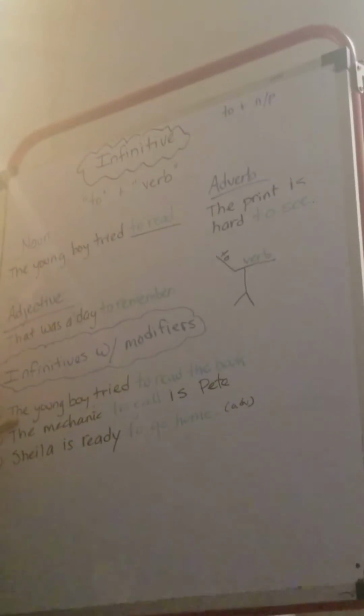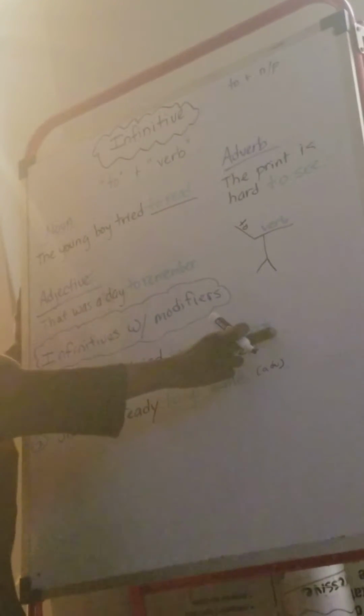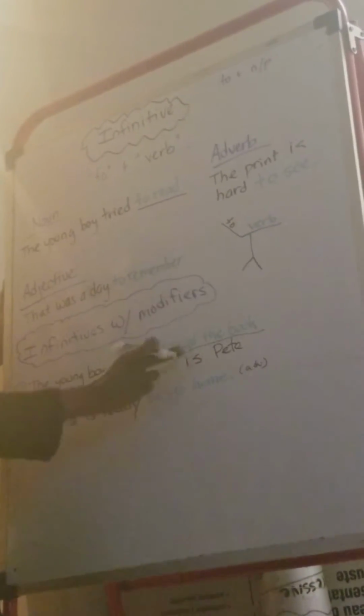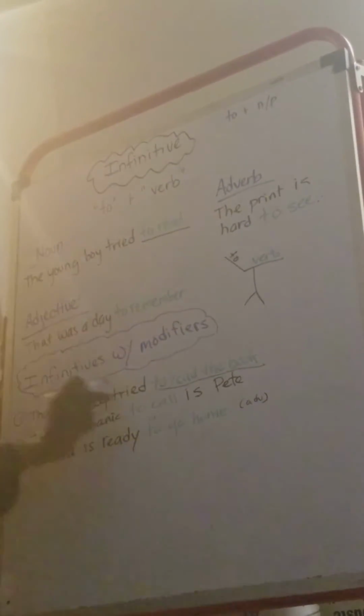So in this first example here, the young boy tried to read the book. Now our infinitive has a modifier. So to read in this case, our phrase, to read would be our subject, book would be our direct object. So if we were going to diagram that, we would go ahead and question confirm this part of our sentence.